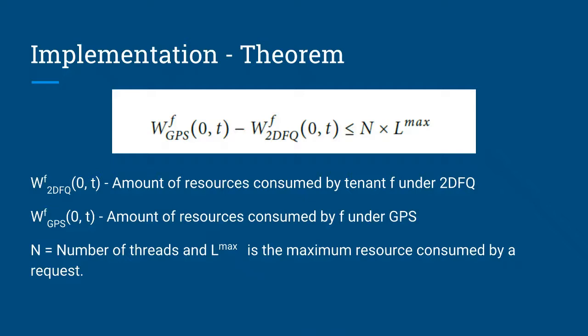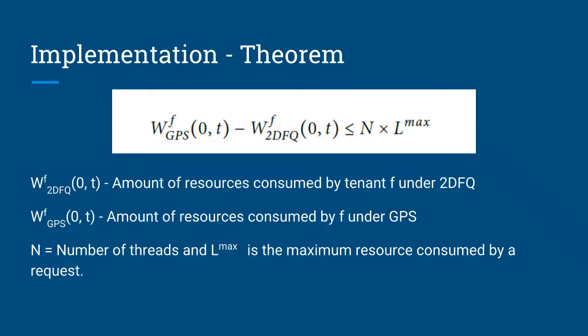Hey, this is Ashwin. So let me start off with the theorem they use for 2DFQ. This is a theorem proving how far the tenants can fall behind the fair share provided by the ideal fluid GPS server.